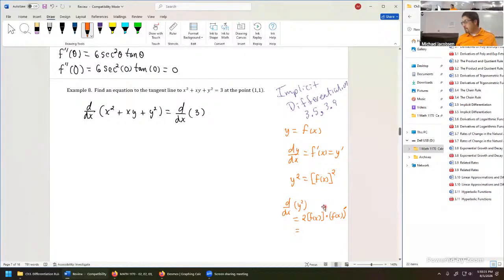So now we have 2 times f of x to the power 1, so just 2f of x. But f of x is y, so we can unpack this and call it 2 times y times f of x prime. Well, that's f of x prime right here. It's the same as y prime. It's the same as dy/dx. So we can say 2y times dy/dx. So that's how y squared transforms into this.